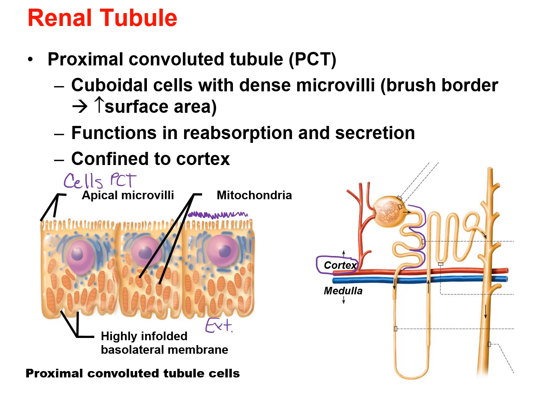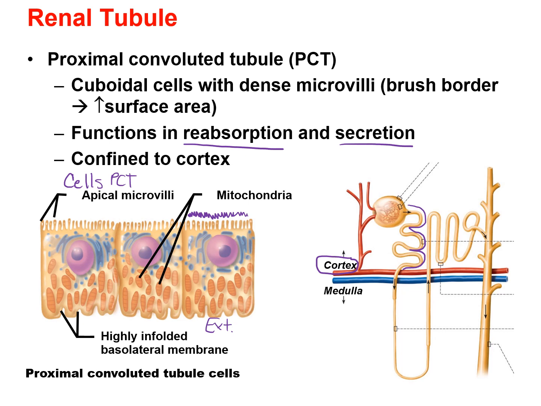If you think of the fact that there's a brush border with this dense microvilli, it makes sense that one of the really big functions of your proximal convoluted tubule is going to be reabsorption and secretion. Reabsorption and secretion is something we'll go into nitty-gritty detail on in the physiology lectures, but this is something that I find people have a hard time with.